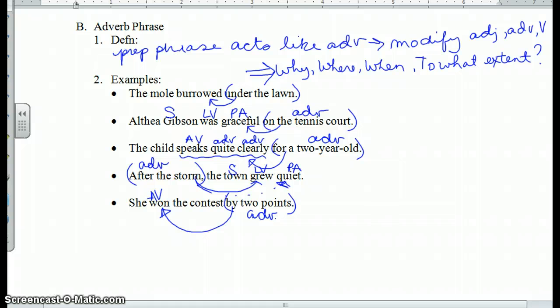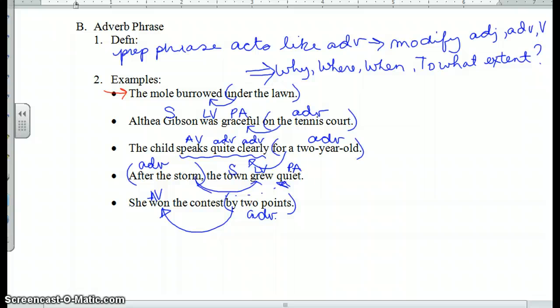Now, adjectives and adverbs can be removed, so you can check it. So we could, in this first one, say, the mole burrowed. It's not a great sentence, but you can take it out. Althea Gibson was graceful. Now, the other trick between adjectives and adverbs is adverbs can be moved to the front of the sentence or to the back, and the sentence still basically makes sense. Adjectives, you can't do that.